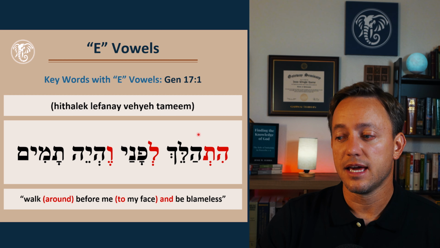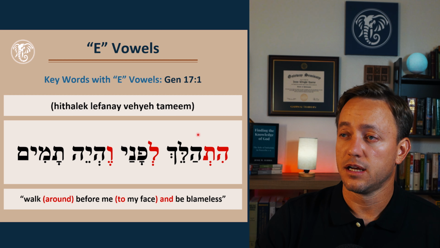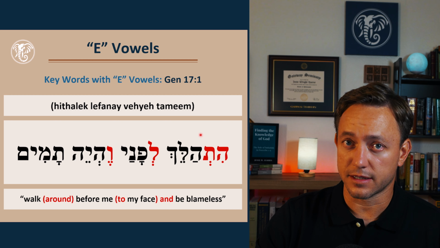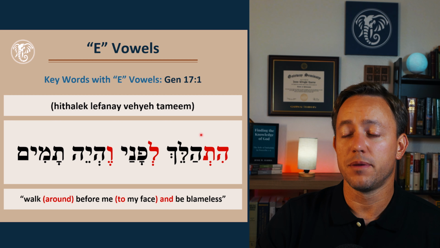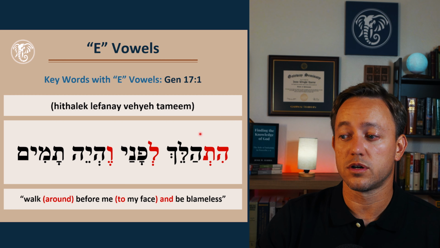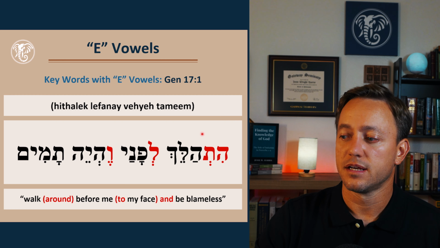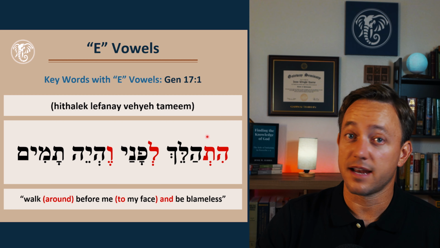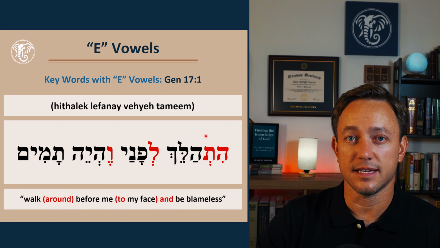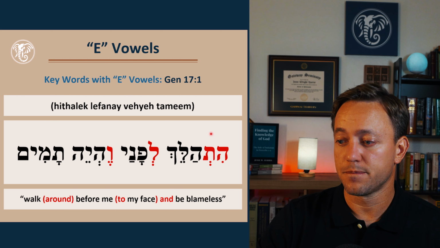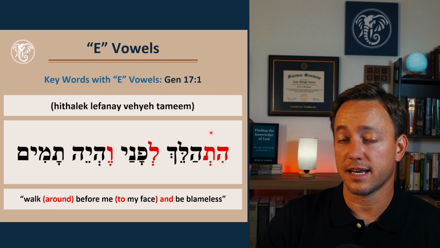And I would even say it's blameless in the sense of not that they never make a mistake or that they are perfect, but that they are faithful, right? That they trust in the Lord and obey his command. And that was certainly true of Abraham, even though he had his ups and downs in his faith, and he did waver at times. But in the end, he did end up being proved faithful, that he did fear God.